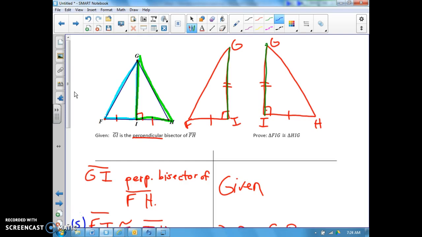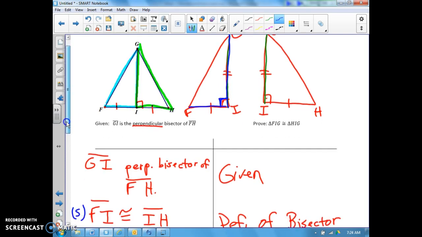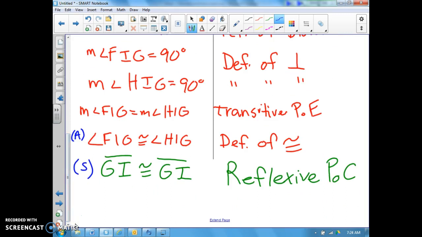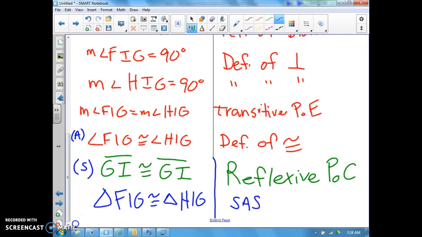Well, looking at this, my 90-degree angle touches both of the sides I've already marked as congruent. So this is SAS. So therefore, triangle FIG is congruent to triangle HIG by SAS. Side angle, side, and done.